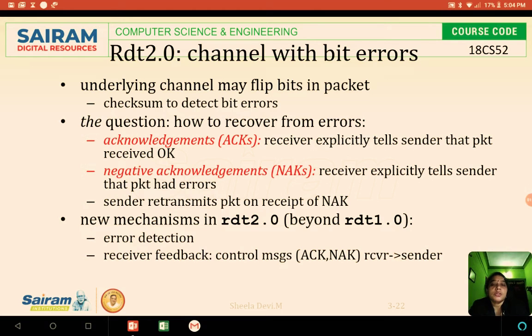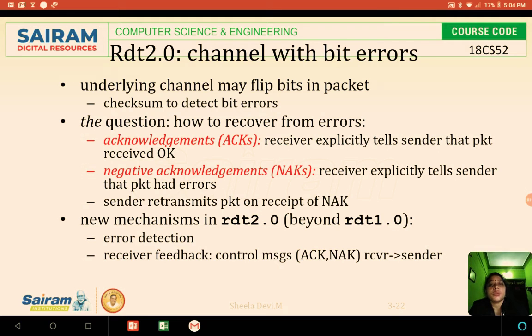When the receiver finds that the data it has received contains an error, what should it do? It should inform the sender so that the sender can retransmit the data. This is what happens. Acknowledgement: if it gets the data correctly without any error, it provides the acknowledgement, that is ACK, which means received correctly.